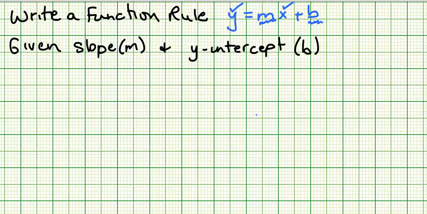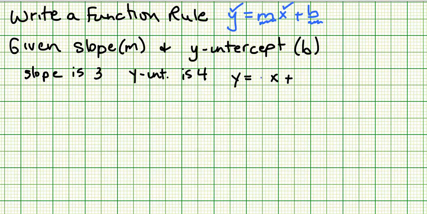So if I were to tell you in a problem that the slope is 3 and the y-intercept, I'll abbreviate it, is 4, then you would simply take those values and plug them into the appropriate spots of the rule. If the slope is 3, well, slope is the m, and that always, always, always goes in front of the x.